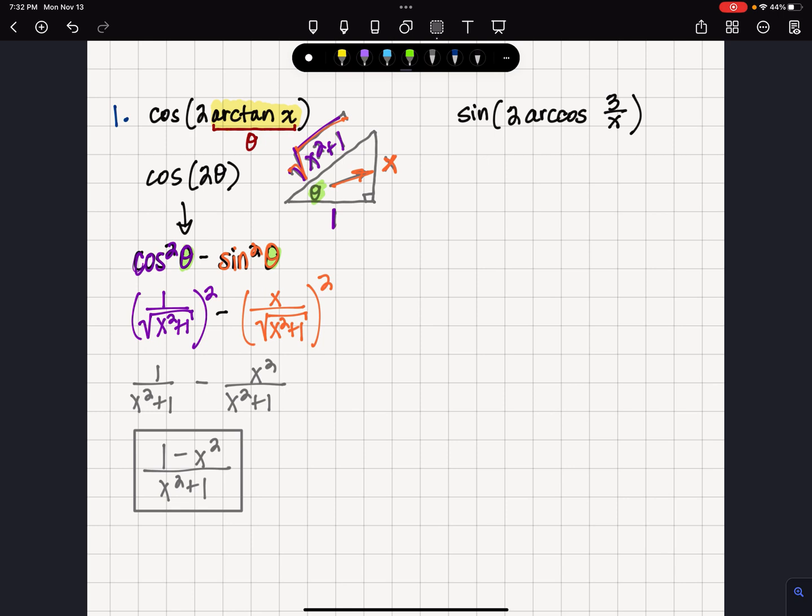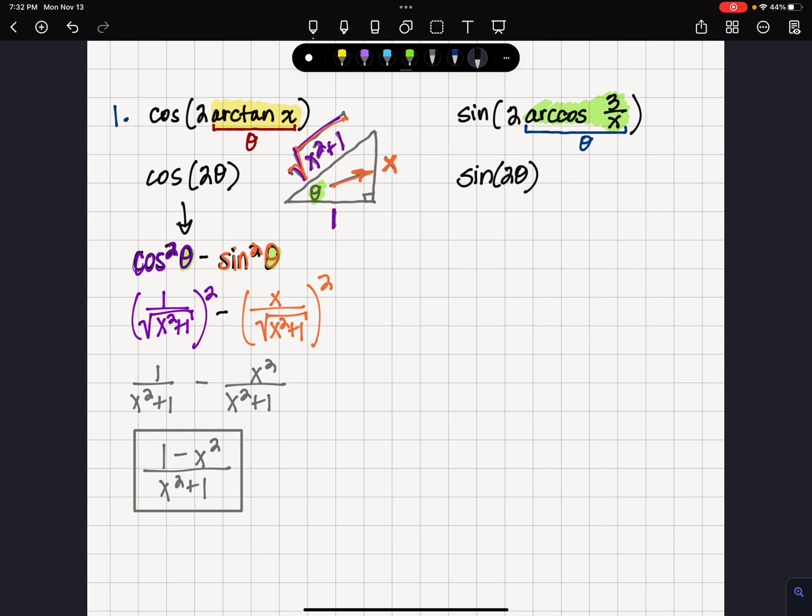So we've got sine of 2 arc cosine of 3 over x. So this inverse trig function right here is just another way to say theta. So really what I've got here is the sine of 2 theta.